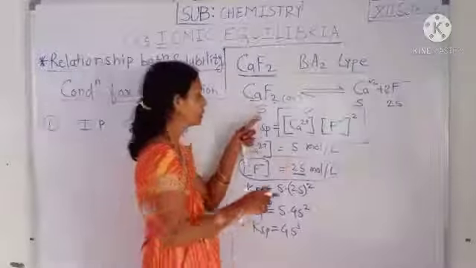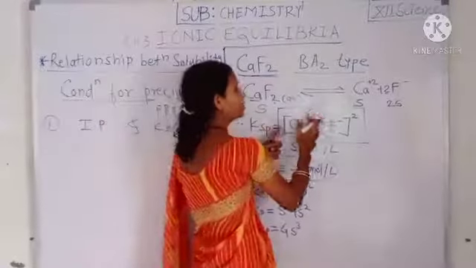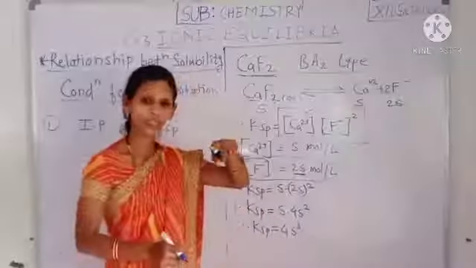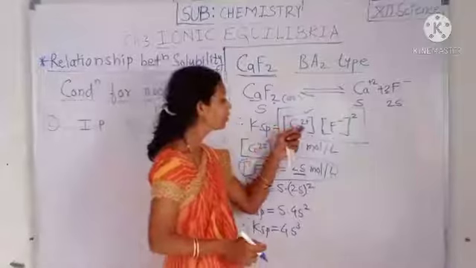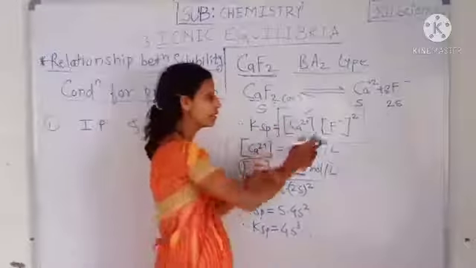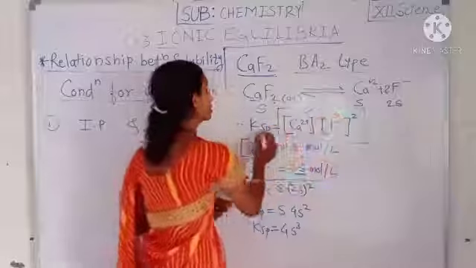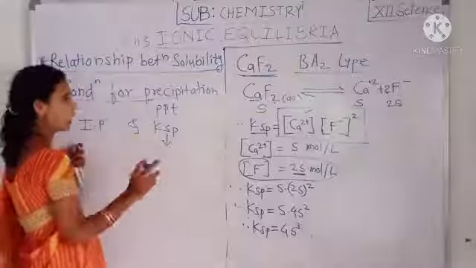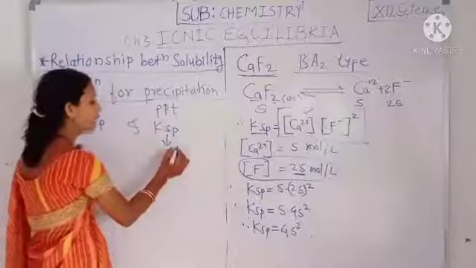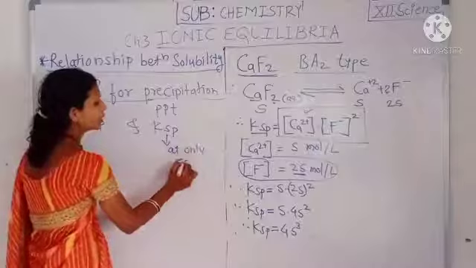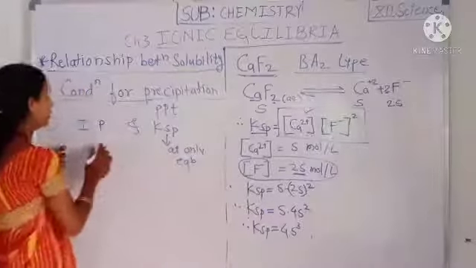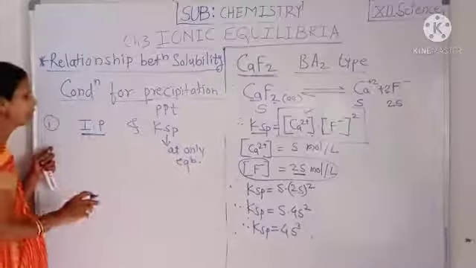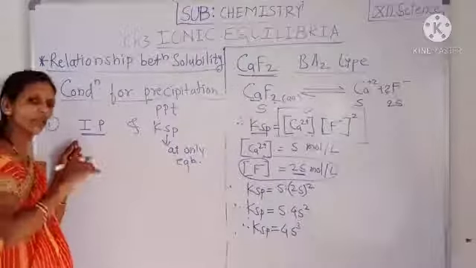And if this product of concentrations of ions is considered when equilibrium is attained, then we write this equation, and that ionic product is nothing but Ksp. That means Ksp of a sparingly soluble salt is considered only at equilibrium, while the ionic product is considered at any condition.